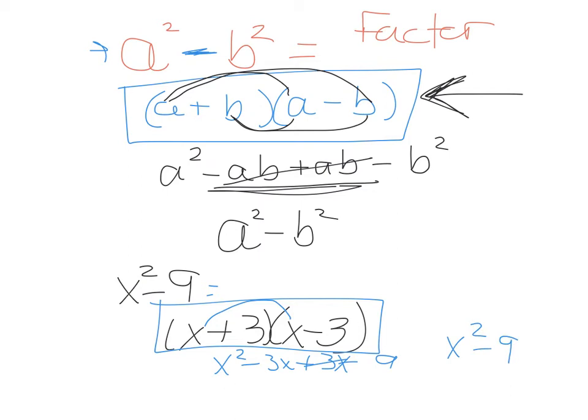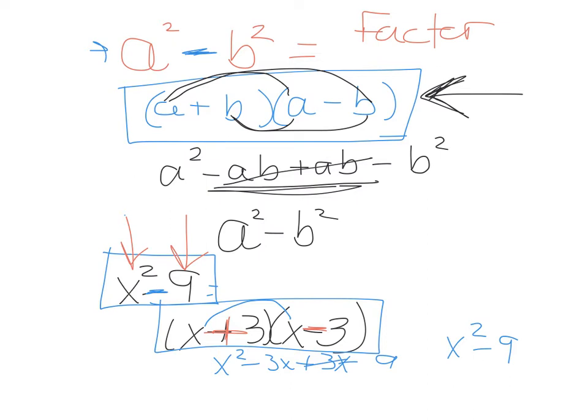So when I'm looking at it in the beginning, I'm saying to myself, there are two terms. Each one of them is a perfect square, and there's a minus in between. Therefore, I can factor with this pattern. You're basically taking the square root of the first term and the square root of the second term, putting a plus with one, a minus with the other.